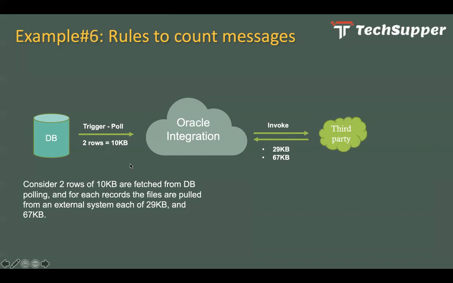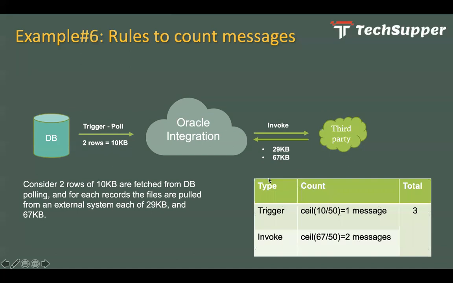For the second call you get a response of 67 KB. Consider 2 rows of 10 KB fetched from database polling, and for each record the files are pulled from the external system, one of 29 KB and another of 67 KB.